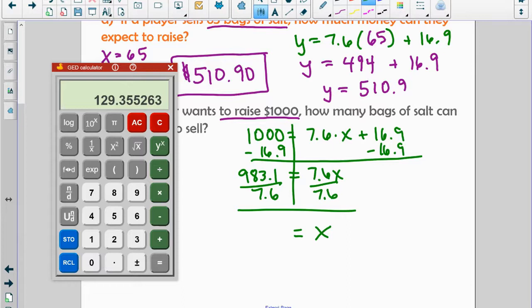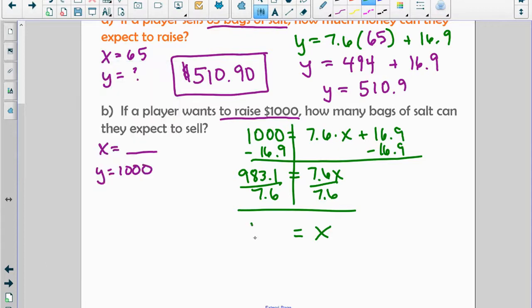So in this case, we're going to round to the nearest whole bag of salt, which, because that 3 is after the decimal, is telling us to round down. So we're going to leave it as 129 bags of salt. And we could even use a little squiggly equal to say it's not exactly equal, but it's approximately that. So 129.